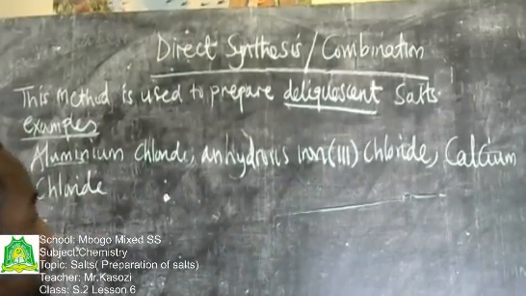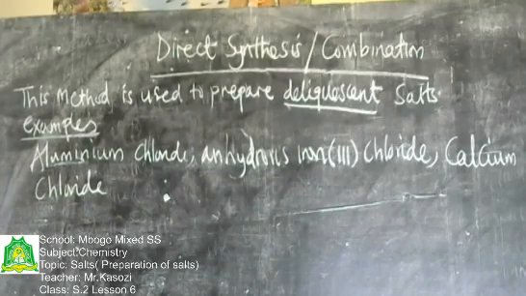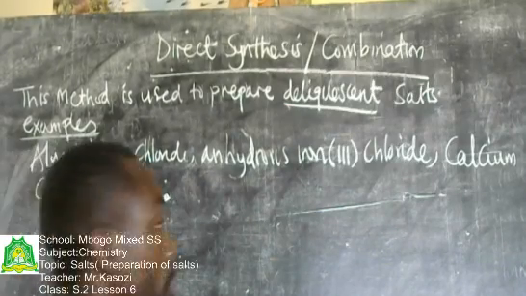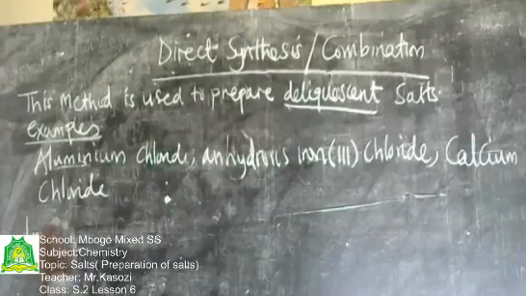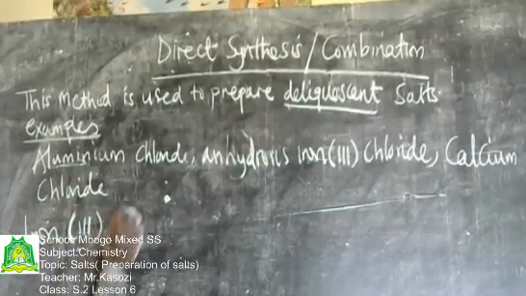These salts are prepared by direct heating of the metals in a dry stream of chlorine gas. For example, iron 2 chloride, iron 3 chloride.